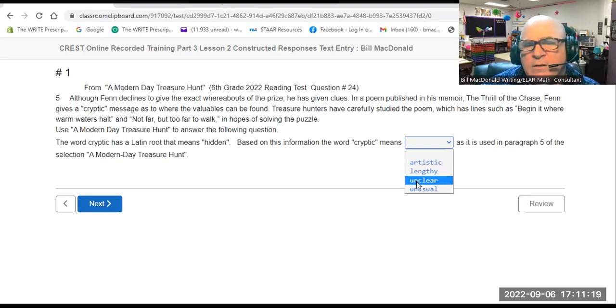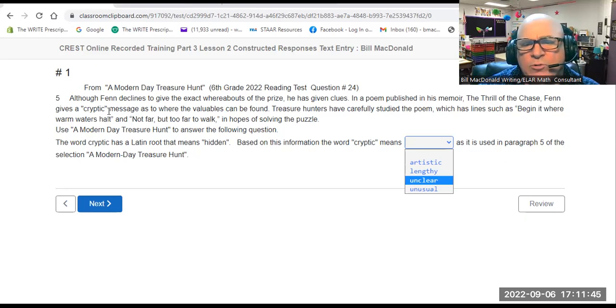Unclear means it's not obvious, so a not obvious message. So if they gave you a message, but it's not very clear. In other words, if I put dirt on my glasses, it will make my vision unclear. So that could be an answer. But let's look at our next one.